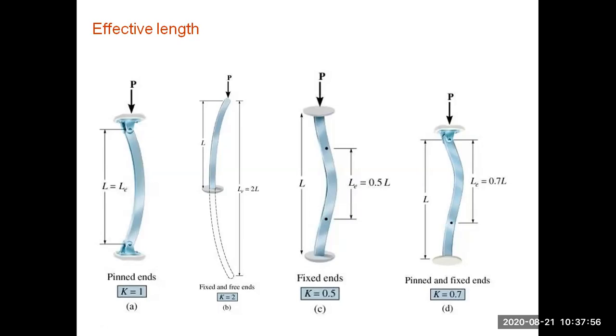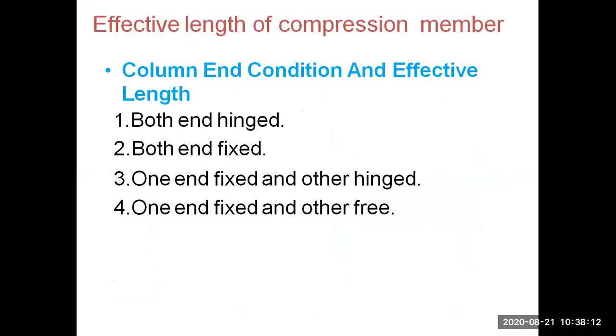Everyone has opened page number 45 of IS 800? Please reply, anyone. 0.65. Now you can see here, first condition first: both ends hinged. That first condition on page number 45 is number 3.